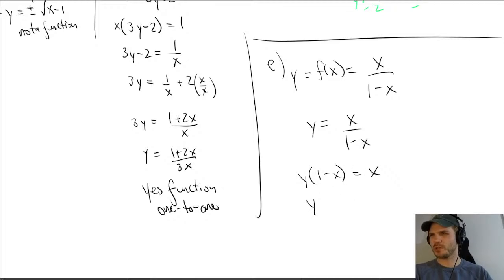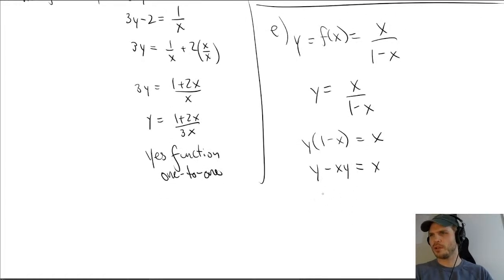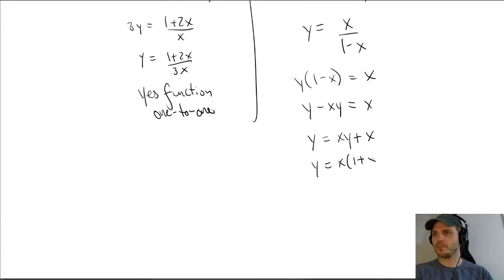Then I'll distribute the y. And then I will add xy to both sides. So this is going to be xy plus x. Then I'll factor out the x. And then I'll divide by 1 plus y.